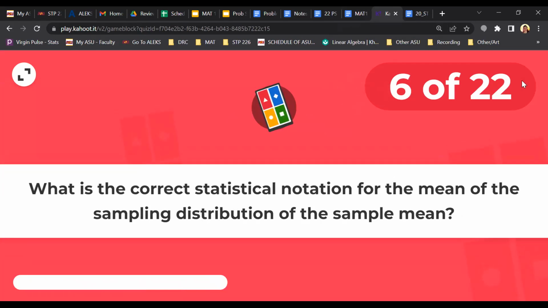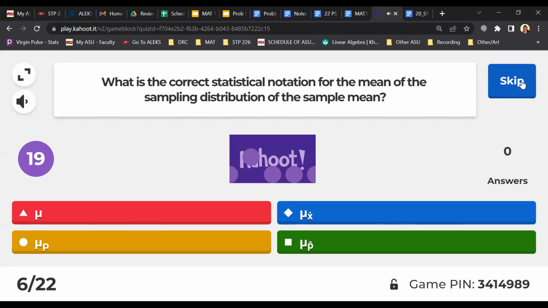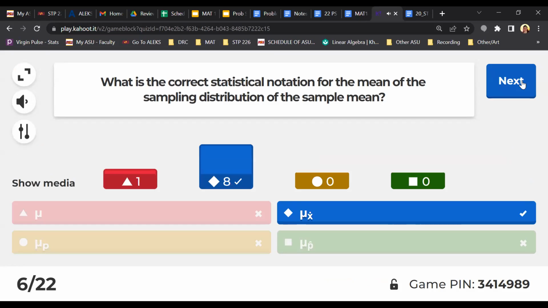What is the correct statistical notation for the mean of the sampling distribution of the sample mean? Excellent work, guys.